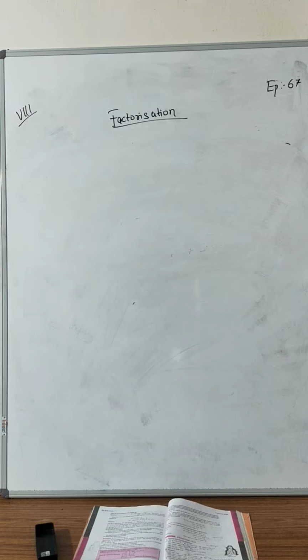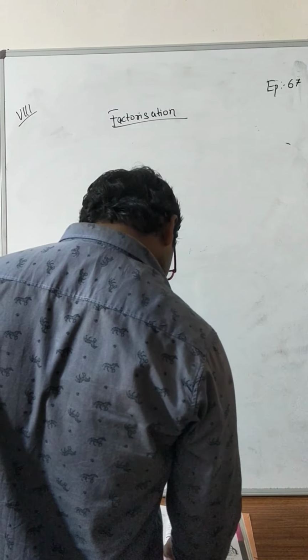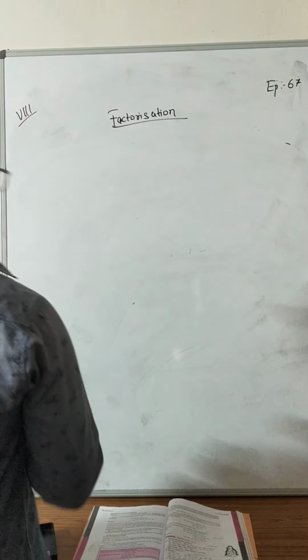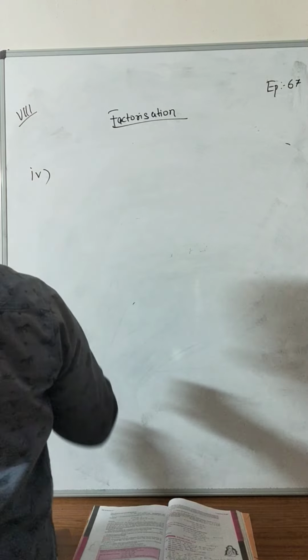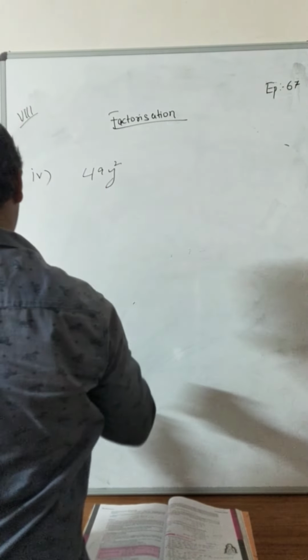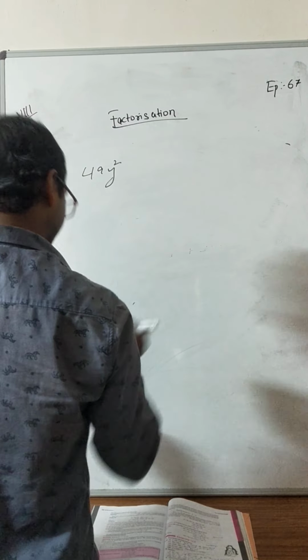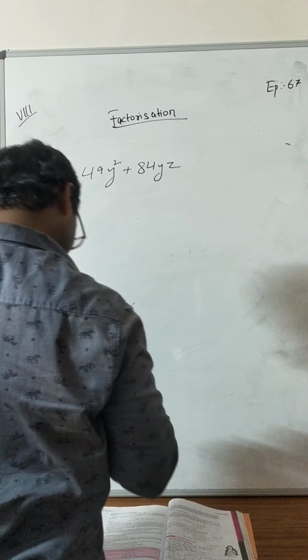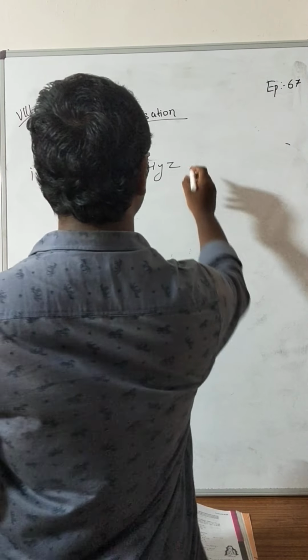Now look at question number 4: 49y square plus 84yz plus 36z square.